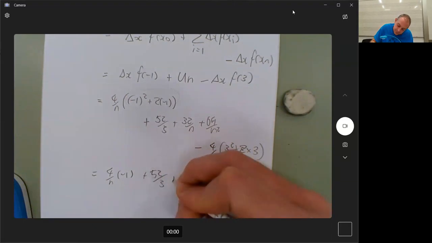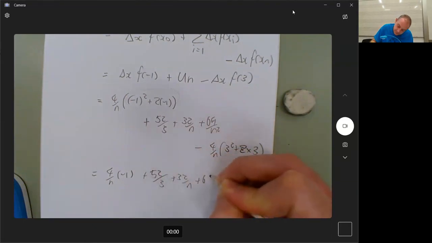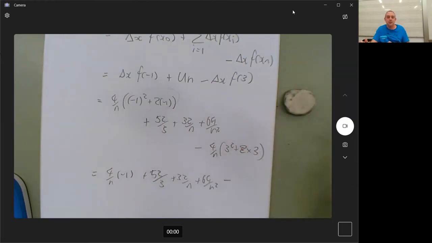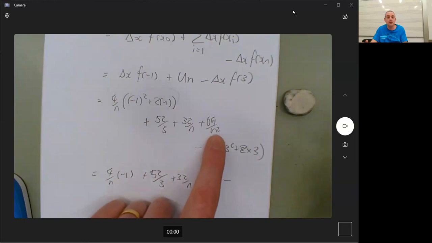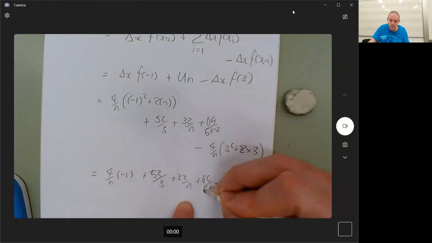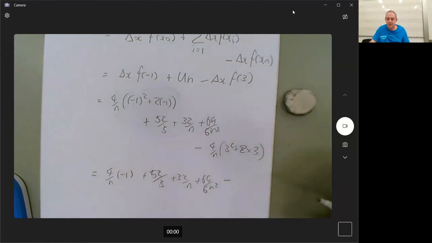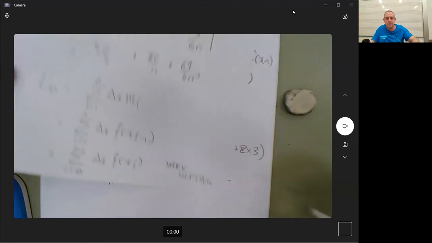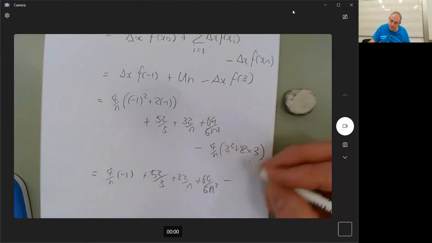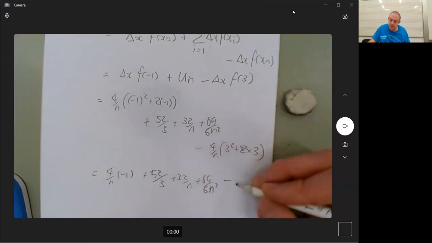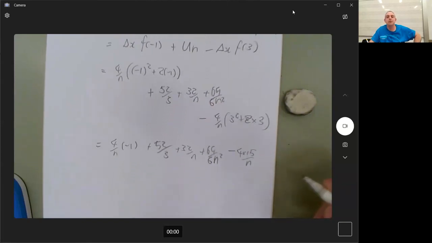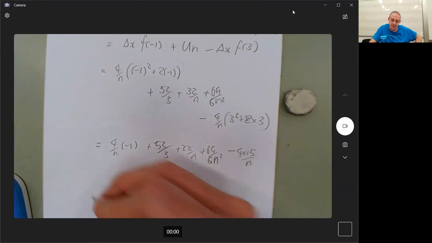No, I'm committed now. 3 squared is 9. Is there a 6n squared on the bottom there? Oh, I did. Thank you. I forgot there's 6 here. Hold on. 9 plus 6 is 15. Look at that.